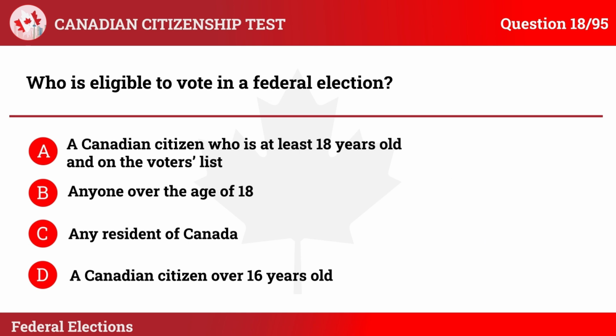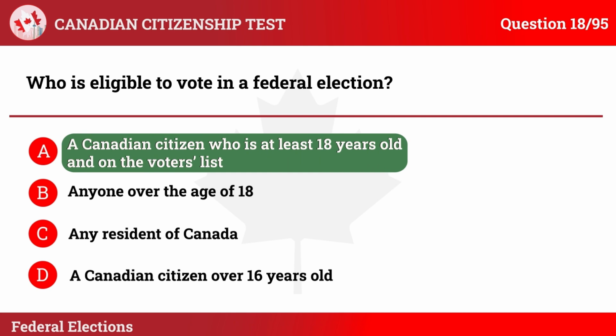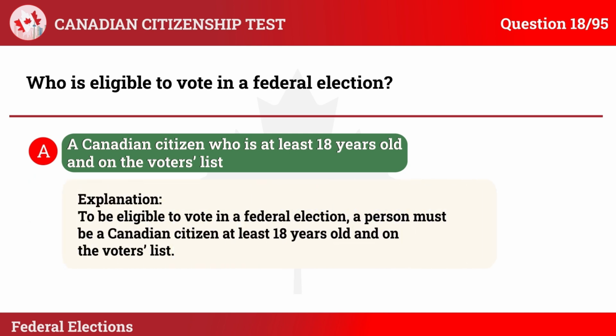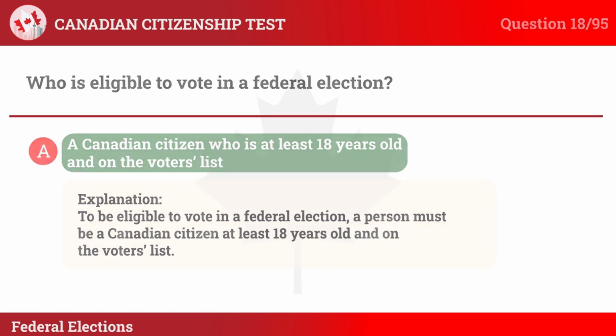The correct answer is A. A Canadian citizen who is at least 18 years old and on the voters list. Explanation: to be eligible to vote in a federal election, a person must be a Canadian citizen, at least 18 years old and on the voters list.